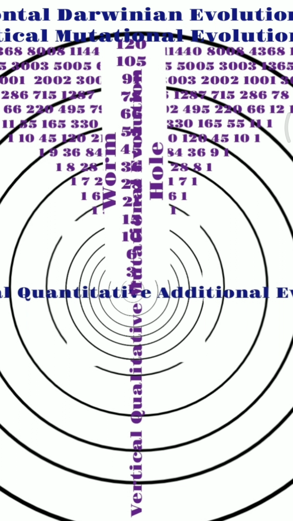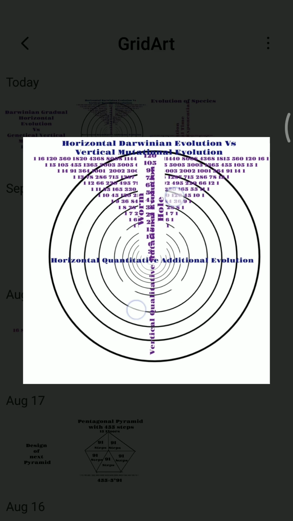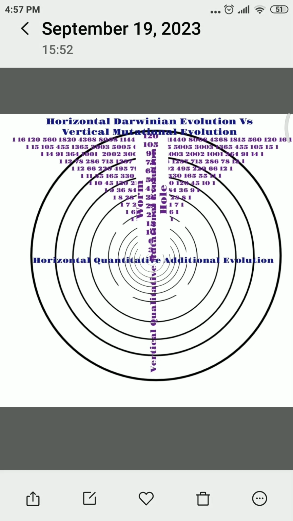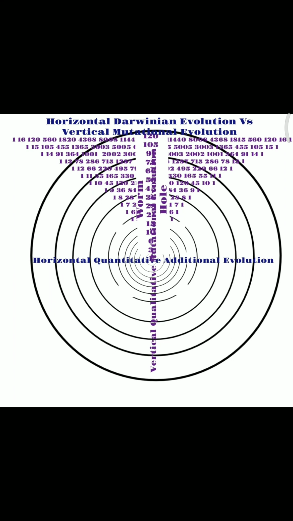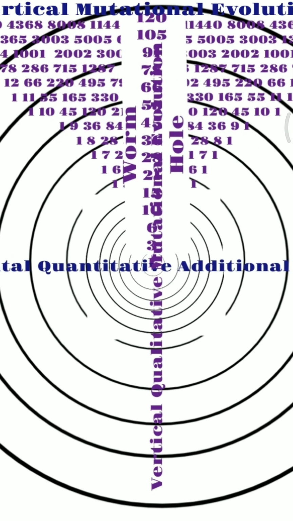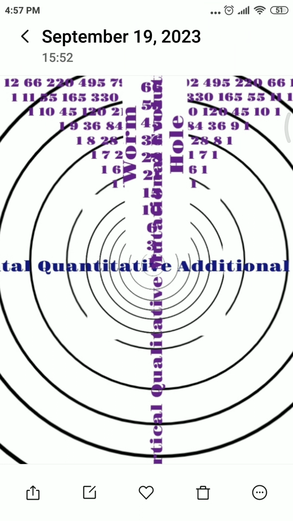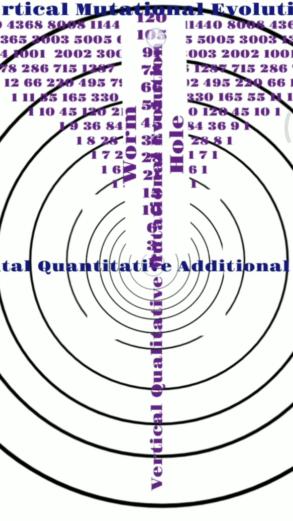If you follow this wormhole, instead of going through all the phases of this evolution, if you somehow get into this wormhole, you can directly go to whichever phase of evolution you want.